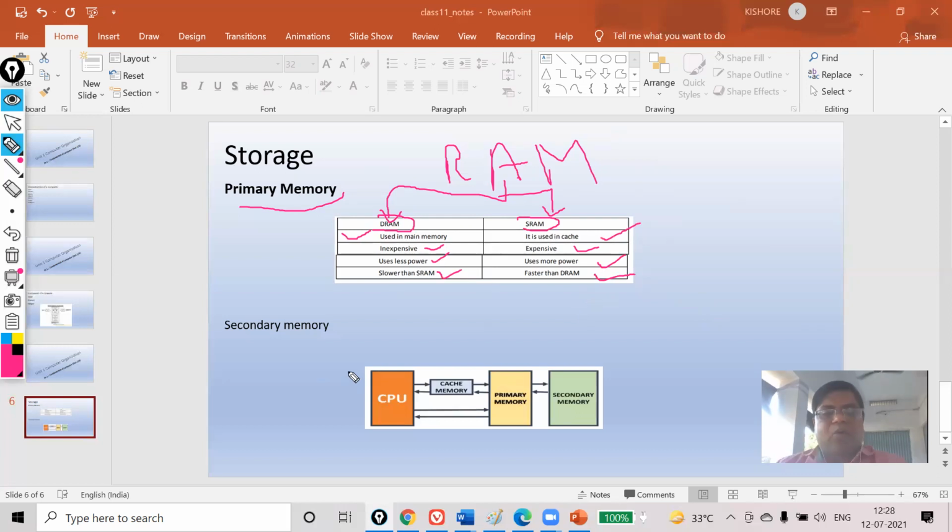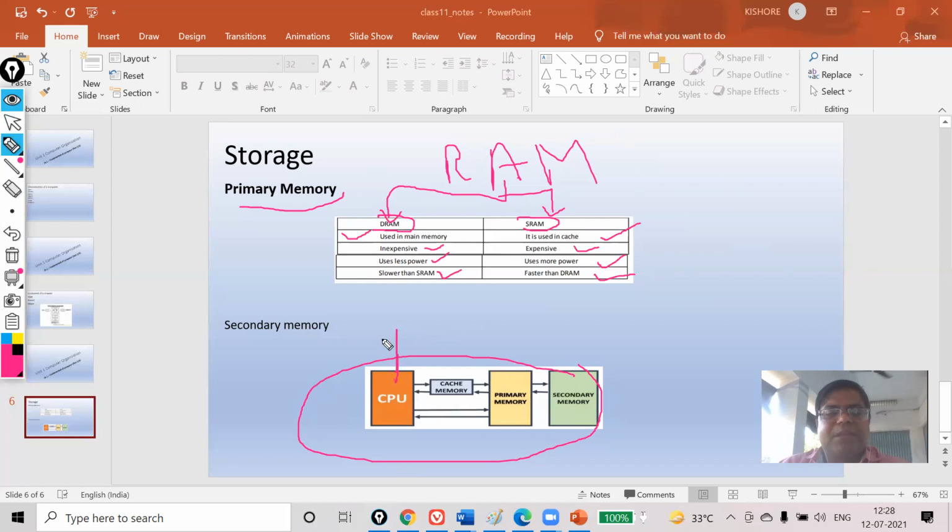Now the next part is cache memory. It is a very high speed memory which is used to cope with the high speed of the CPU.